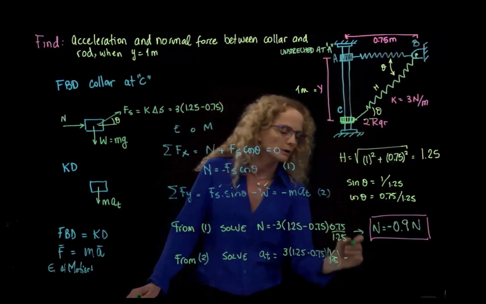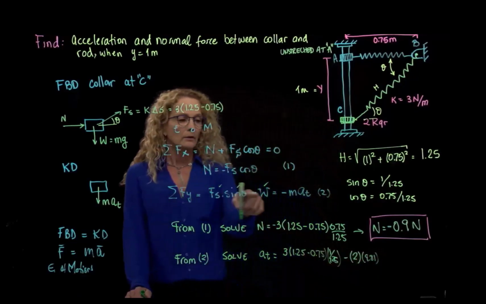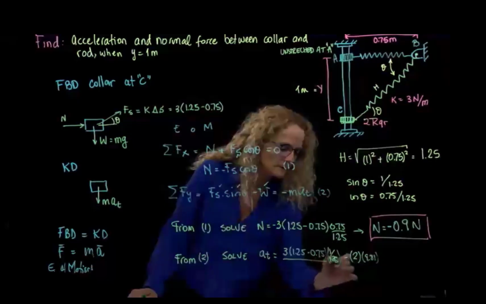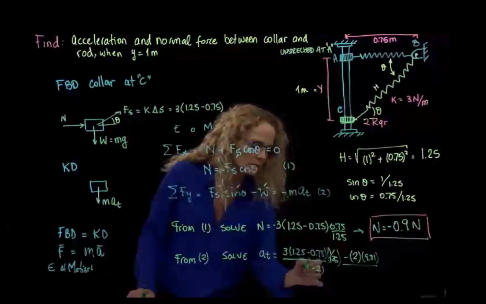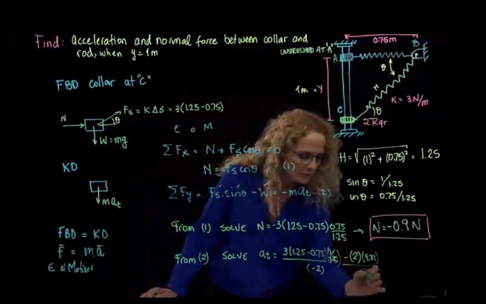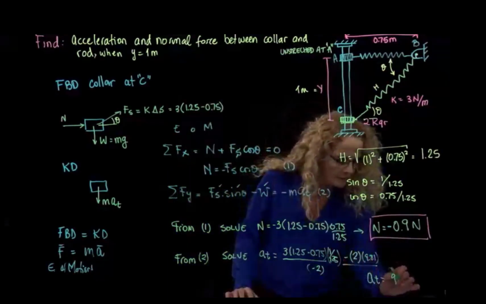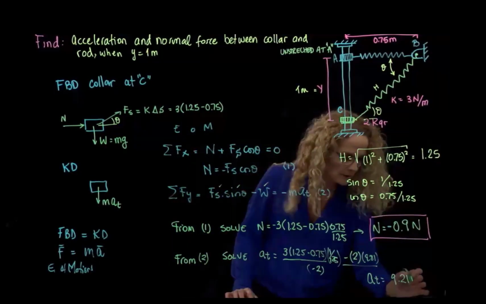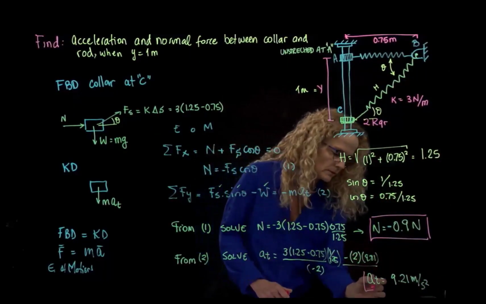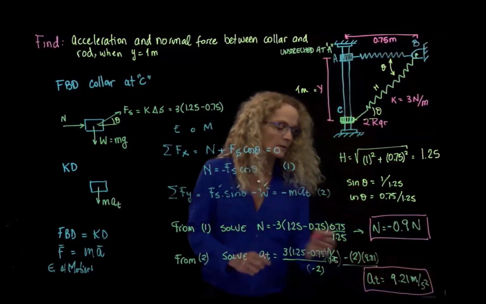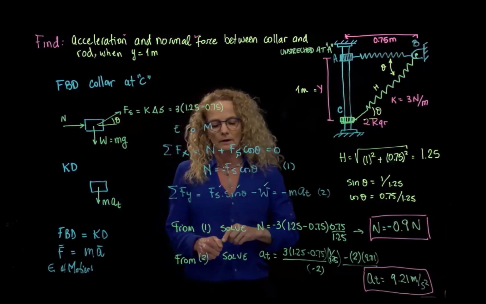Minus the weight, 2 kilograms, so it is 2 times 9.81, and all divided by negative 2. So at the end, when we solve, we get that the tangent acceleration is 9.21 meters per second squared. And those are the two values, acceleration and normal force, that we were asked to find.